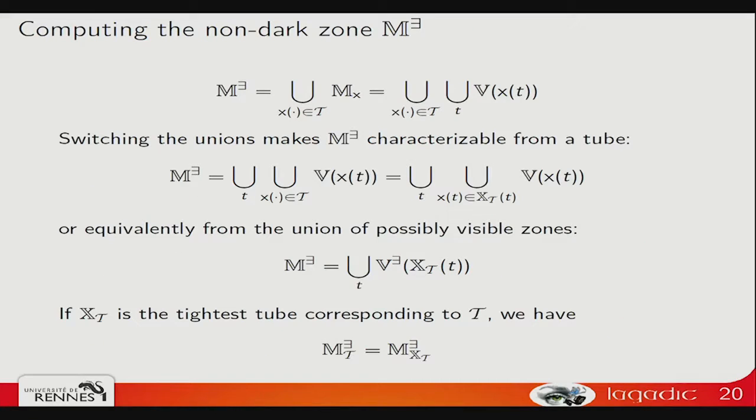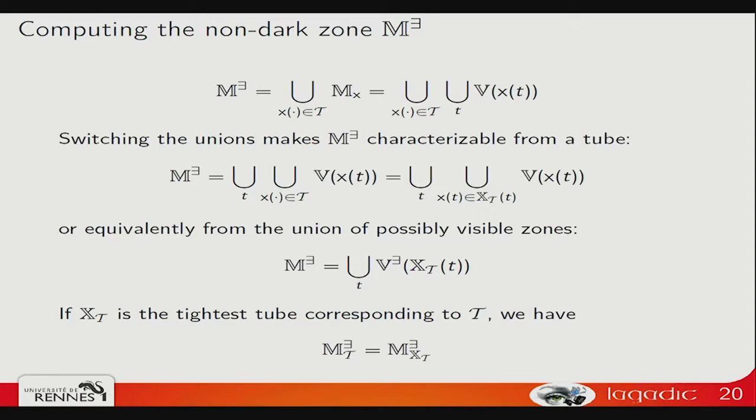So to compute the non-dark zone first, we know it's the union of all the feasible trajectories of the covered zones. So we can express it also in terms of the covered area at each time. It's union of the union.